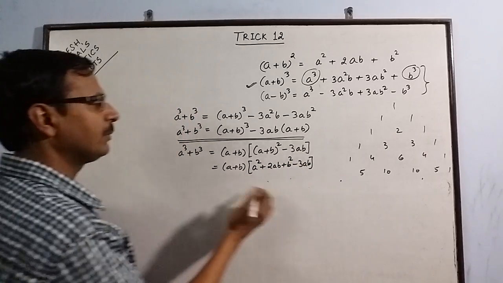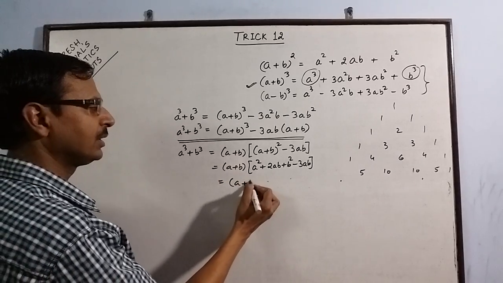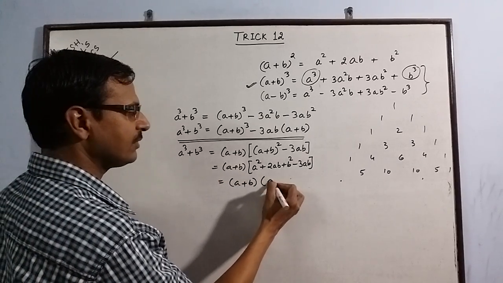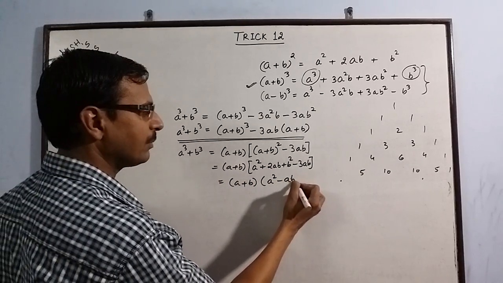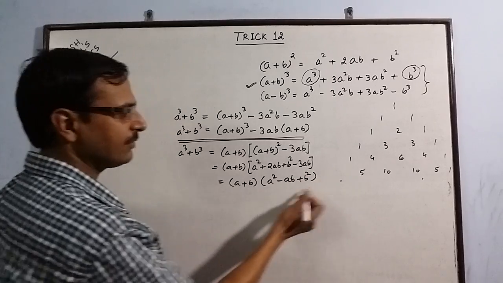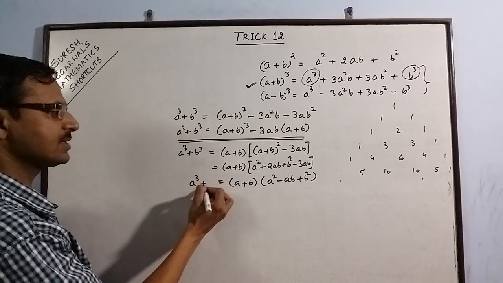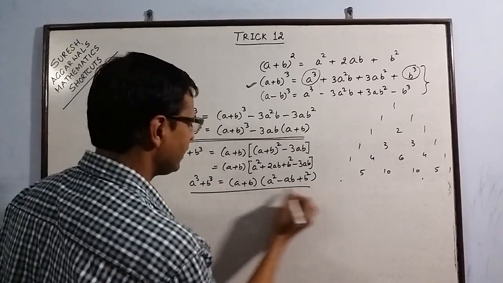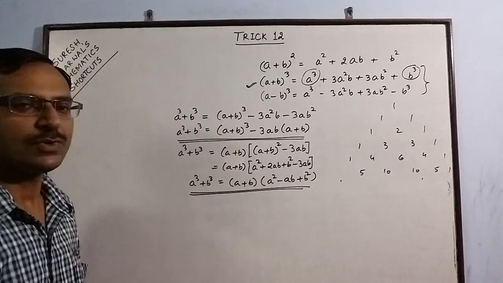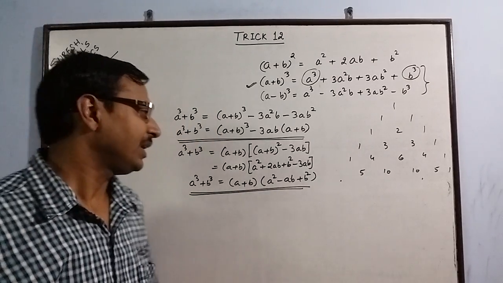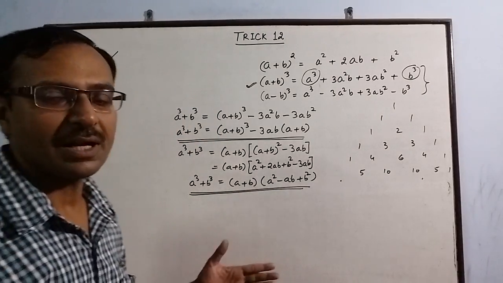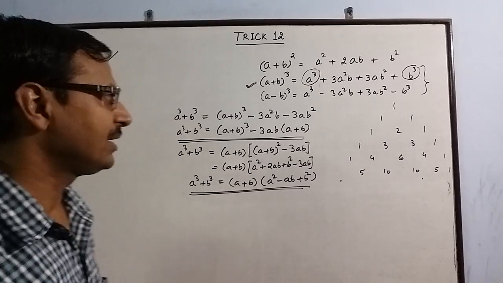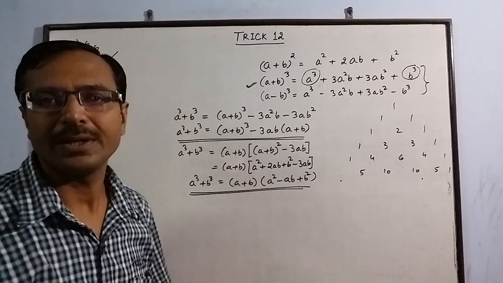So we arrive at one more identity of a cube plus b cube, which is a square minus ab plus b square as the second factor. So this is the second identity which we keep on learning in class 8th, class 9th, class 10th, and still we get confused in these identities.